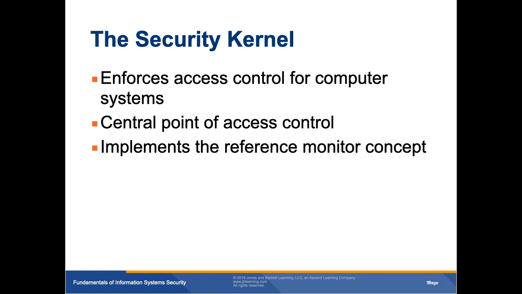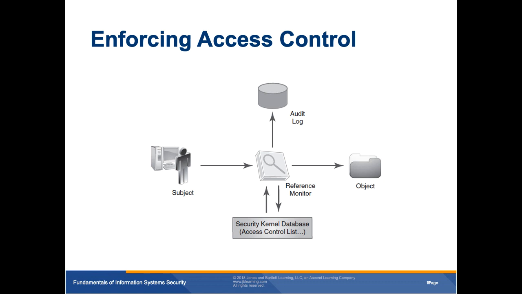The book talks about a security kernel, which enforces access controls for computer systems. But there's a central point of access controls, and what's the reference monitor concept, right? So the reference monitor concept is here. The subject or user requests access to an object.